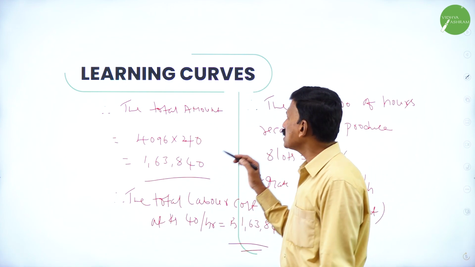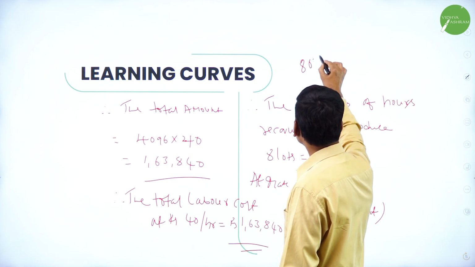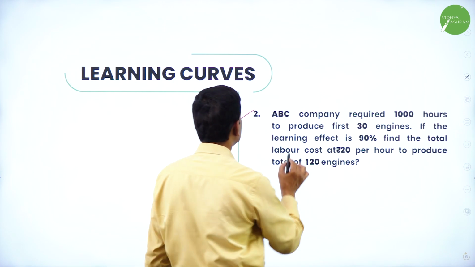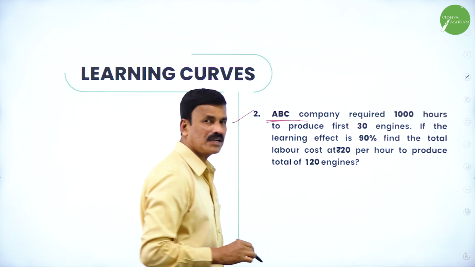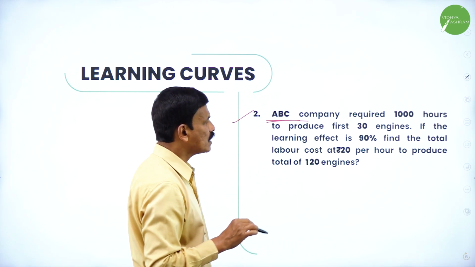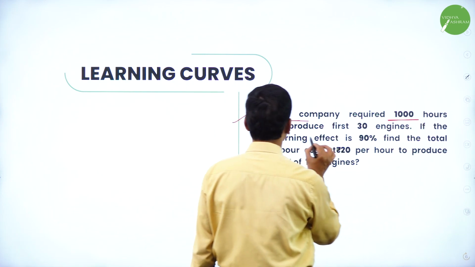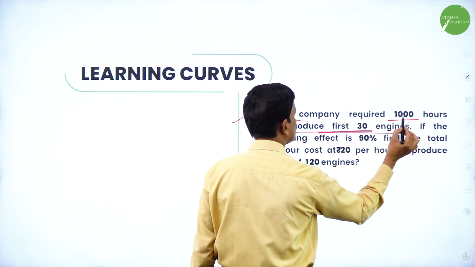Hope you followed. This is for 80% of a learning effect. Now move on to the second problem, a very important problem. The name of a company is ABC. ABC company requires 1000 hours to produce the first 30 engines.